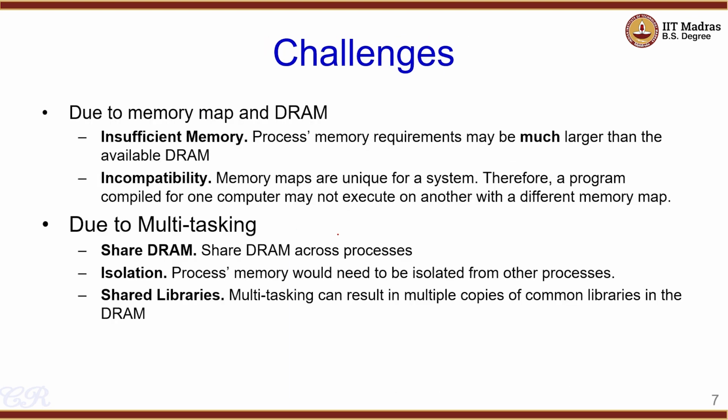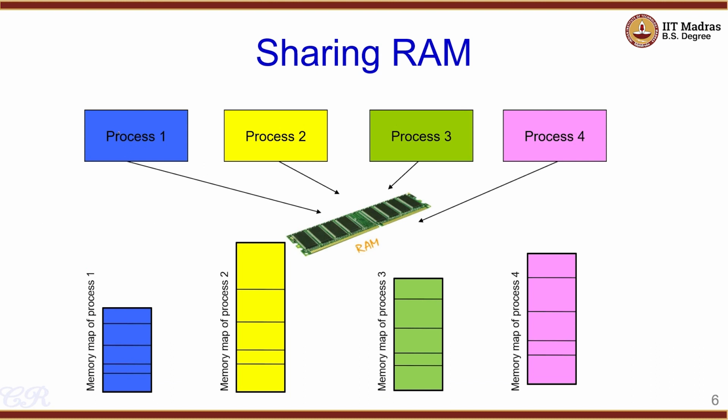Due to this type of multitasking environment, we have the problem of isolation, right? So let's say one of these processes is a web browser where you're logging in to your bank account. The other process may be something like a gaming application and so on, right?